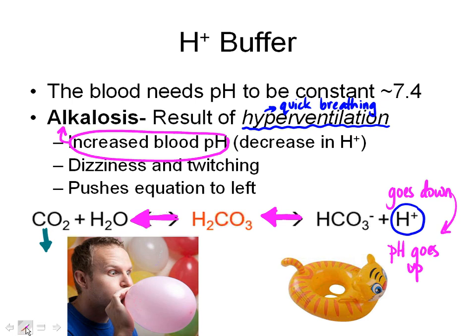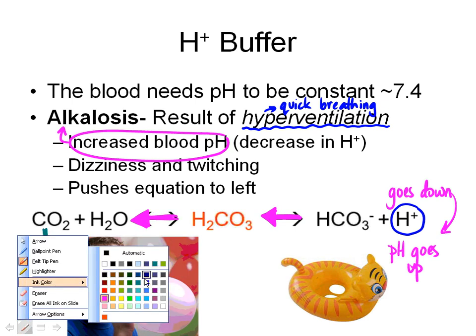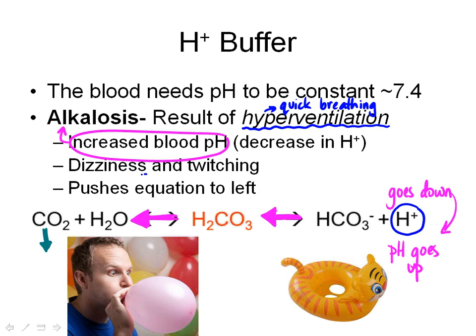And the number one thing that you will notice, and I notice this every single time, is this part, the dizziness. I get really lightheaded, and I actually have to stop and take a break. I have to stop exhaling all the CO2, let my body fill in that CO2 hole, and then sort of balance things out again. I've never gotten to the twitching stage.